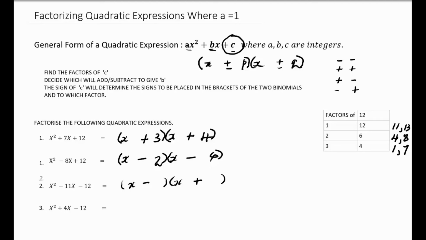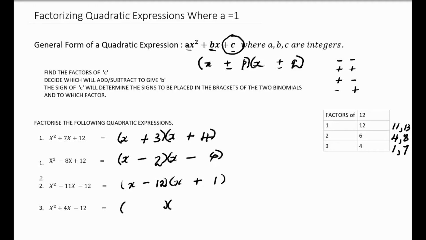Now, the sum being negative means the bigger of the two factors must be negative. The only two factors that can subtract to give us 11 are 12 and 1. And since the bigger one must be negative, the 12 must be here and the 1 must be here. Just as simple as that. And once we practice this consistently, it will become easier and easier.